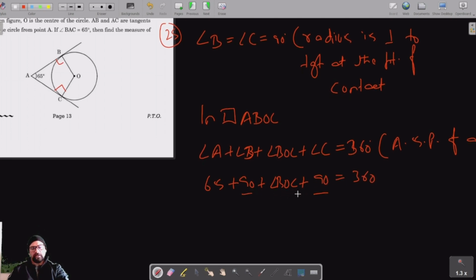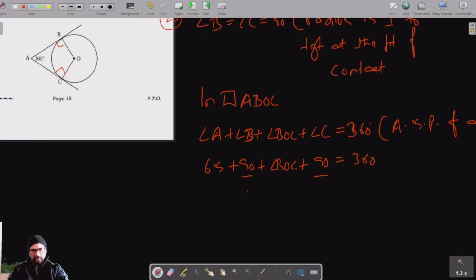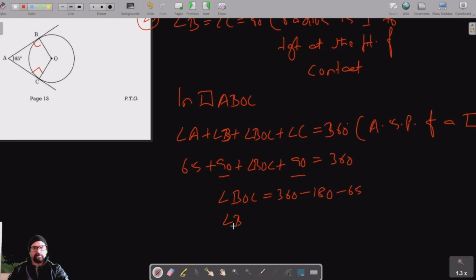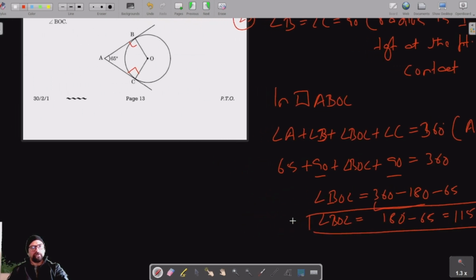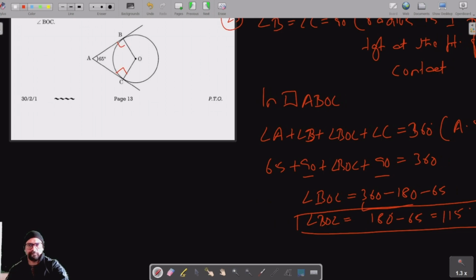So 90 plus 90 is 180. We will subtract 180 and then 65 from 360, which will give us angle BOC. So 360 minus 180 is 180, and 180 minus 65 is 115 degrees. So angle BOC is equal to 115 degrees.